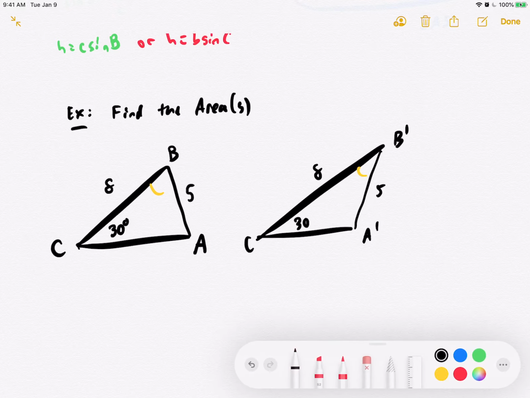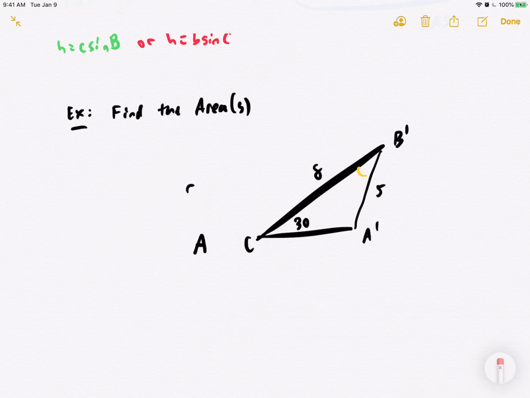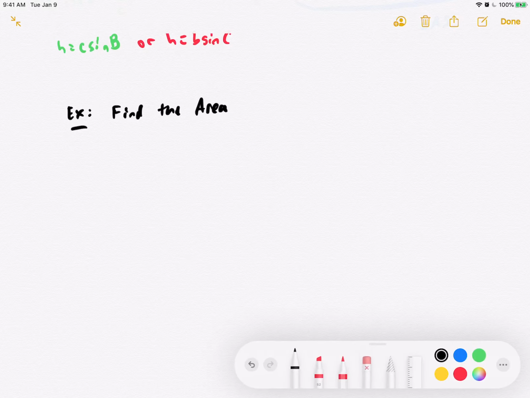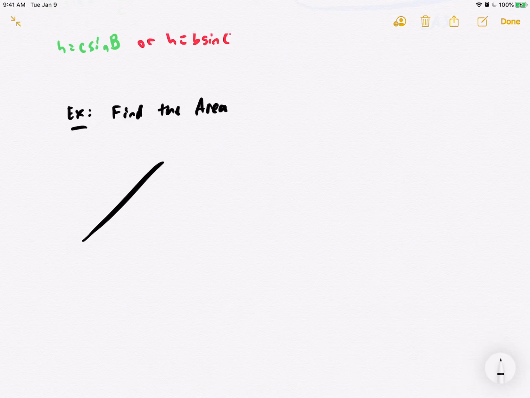Let's look at one other possible setup that is much more common than finding areas of ambiguous cases. Let's look at a triangle where 3 sides are known. So in this case, I've got an 8, I've got a 5, and I've got a 7, maybe, something like this. And I want to find the area of this triangle.